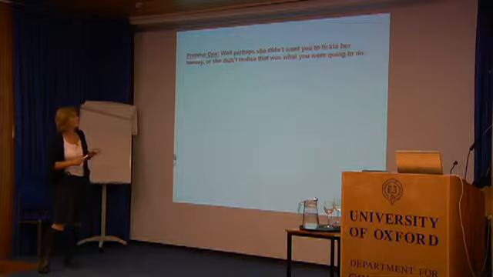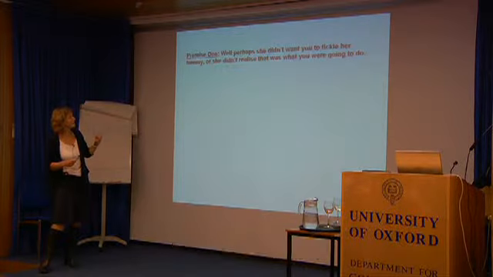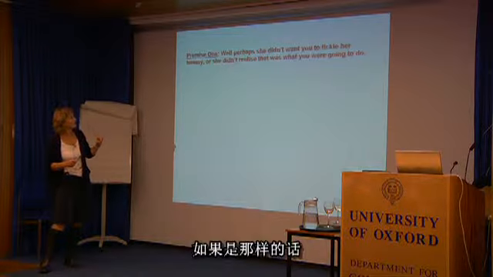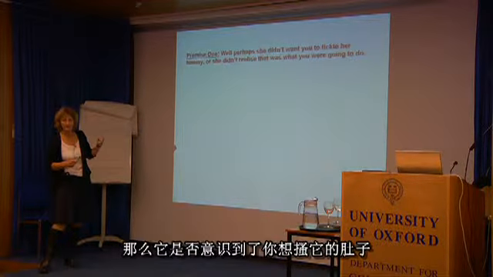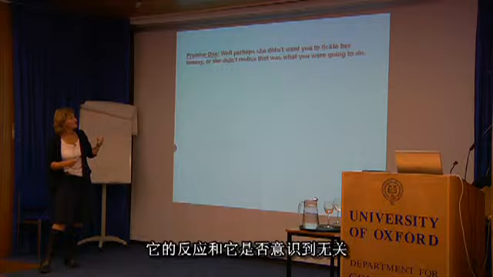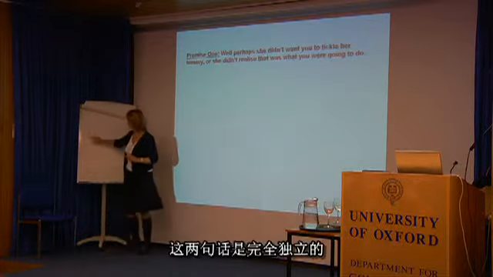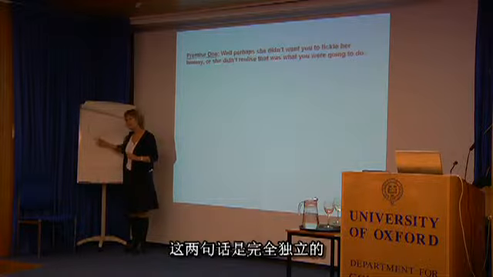Why not? Because there's a statement which is she doesn't want you to tickle her tummy. Now, if that is the case, it doesn't matter whether she realised you wanted to tickle her tummy or not. Her reaction was independent of her knowing. Because remember here, the two sentences are completely independent of each other.